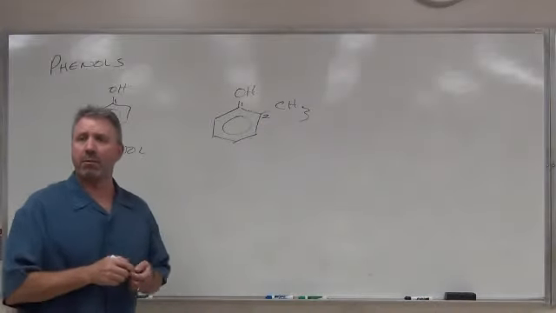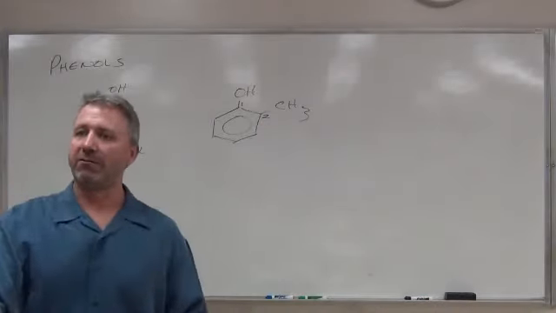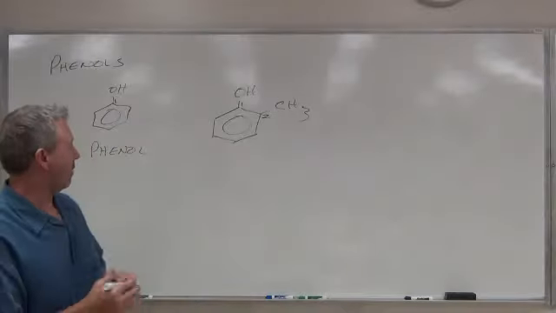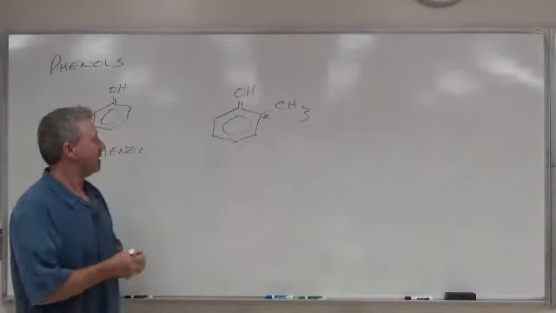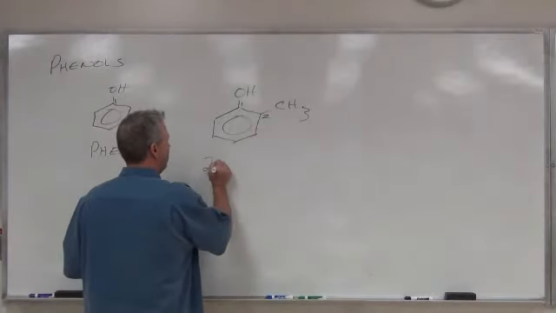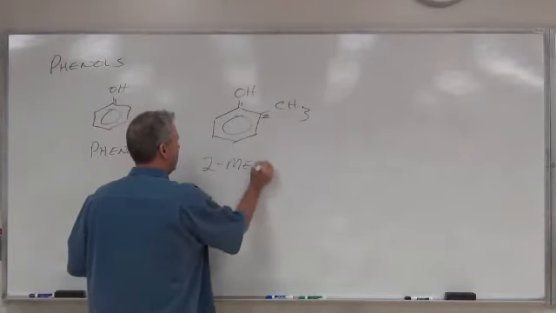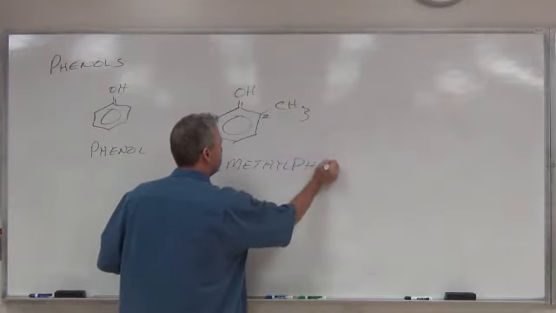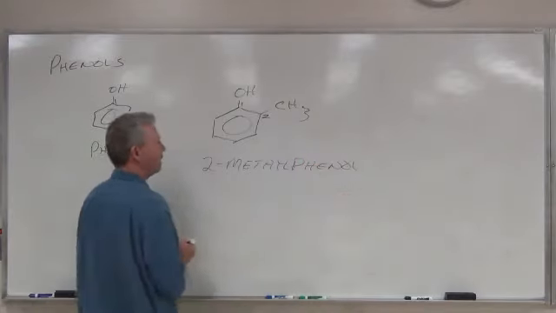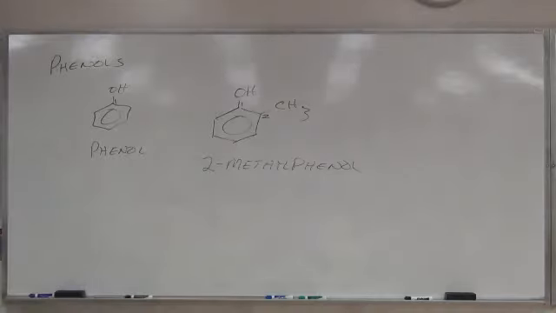We still want to number in the direction of the substituted group. We don't want to go 1, 2, 3, 4, 5, 6. So this would be 2-methyl phenol. All one word.